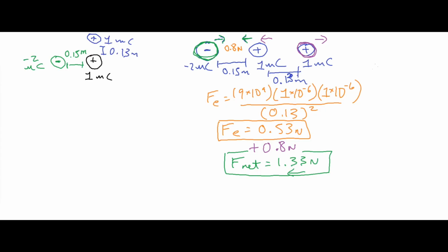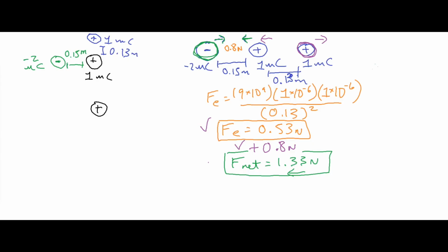Now, normally you would put it into Coulomb's law twice, and we already did that. We put it into Coulomb's law twice for this orange value and this purple one, and we added up for 1.33. Those combine because they're pushing both directly straight left. So now let's pull out this black positive charge over here.